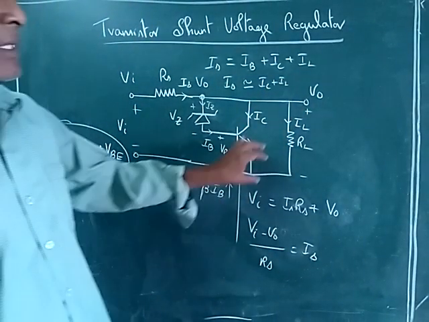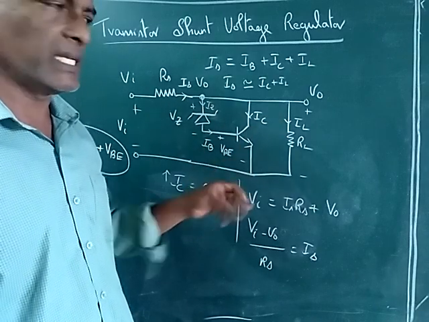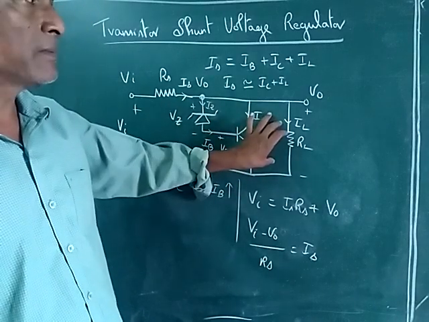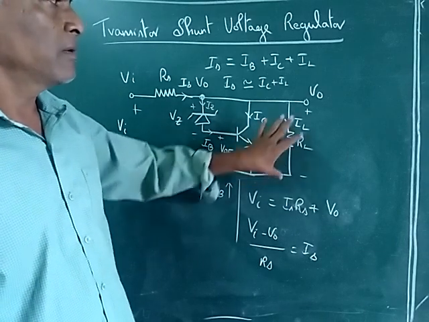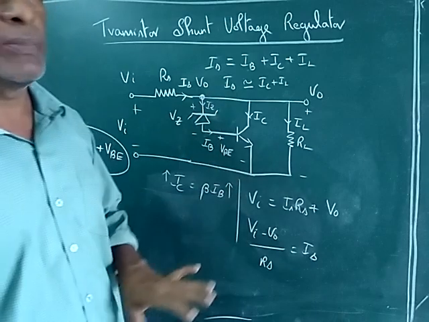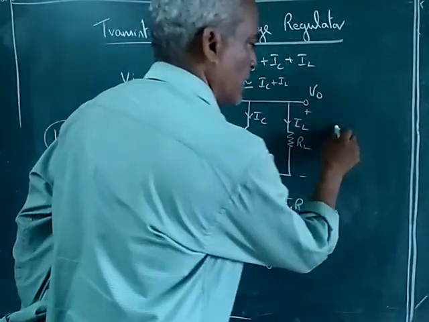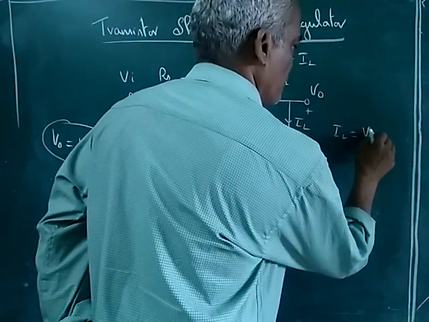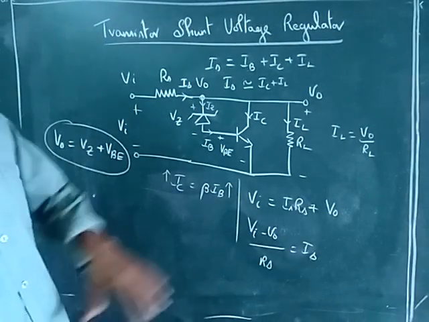Now we know the load resistance, and then we will see the worst case. If you know the load resistance, the load operates with the expected voltage. What is IL? IL is equal to Vout by RL, so this value is known.